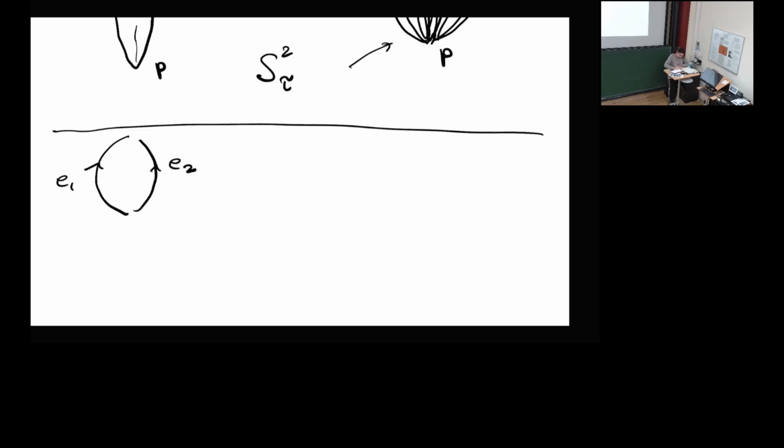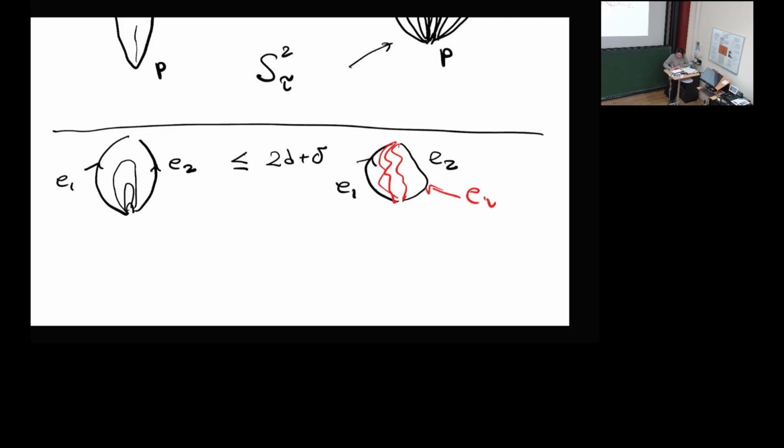If we can contract this loop, and this loop is contracted via curves of length 2d plus delta, then there is a path homotopy between E1 and E2 over curves, which I'm going to call E tau, and the length of those curves is bounded by 3d plus delta. I might drop delta.